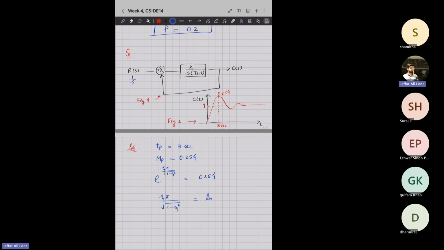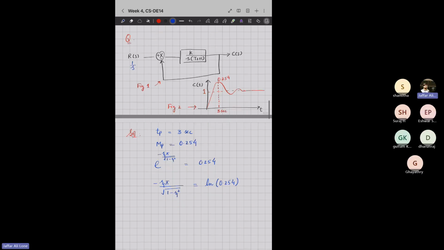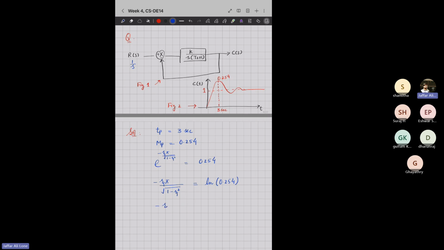Let me calculate this value, or if you have calculated it, just tell me. Yes, minus 1.37, very good. So minus zeta pi divided by square root of 1 minus zeta square is equal to minus 1.37. The main idea was that this minus and this minus go.